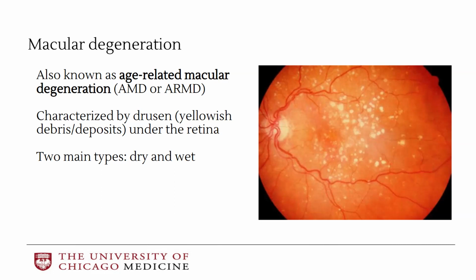What the ophthalmologist sees when we examine the eye and it has macular degeneration is these yellowish deposits. The photograph on this slide shows a round circular object toward the left side. That is actually the optic nerve.